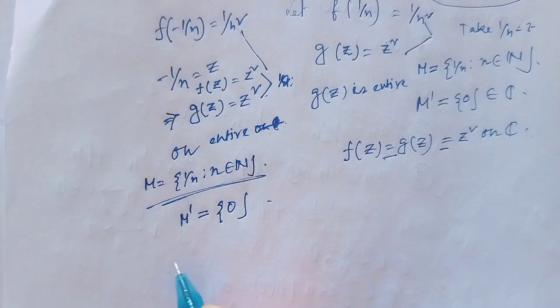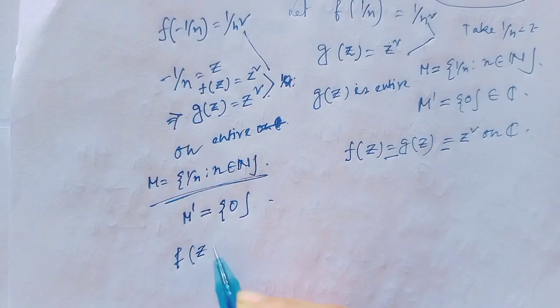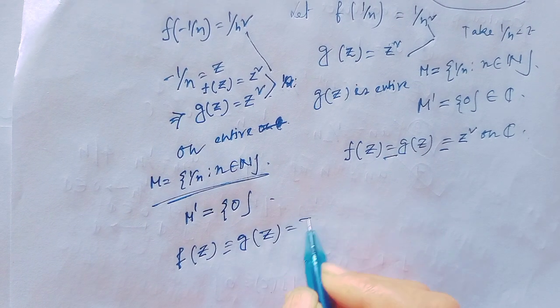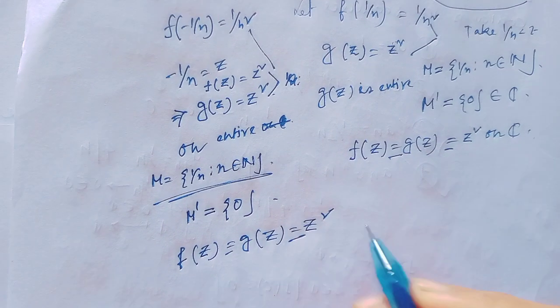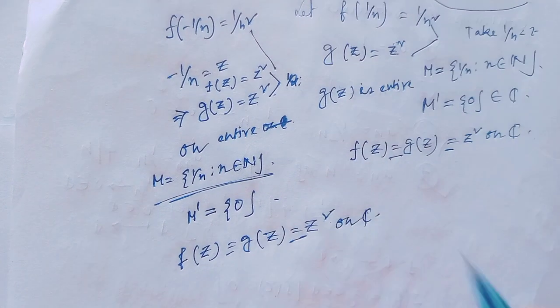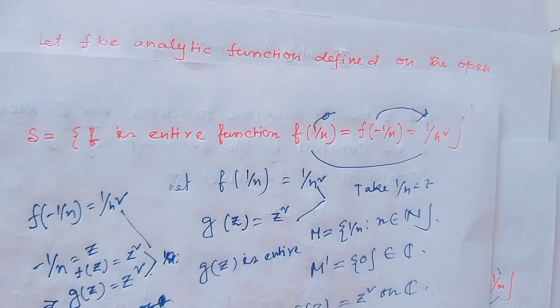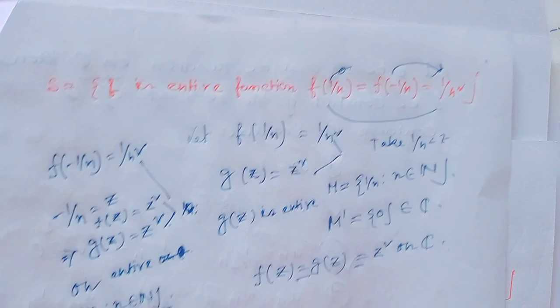So we can tell f(z) equals g(z) equals z square. This is true on the whole complex plane. So this type of function can exist.